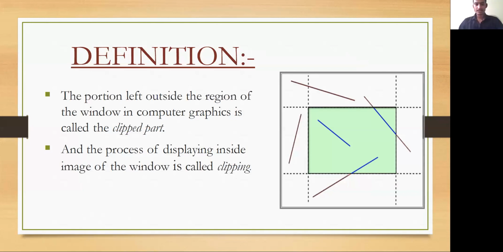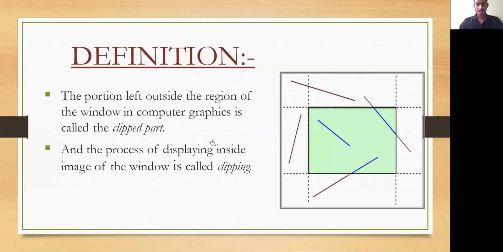Means if you have a line or a figure and it comes to the screen, the portion that lies inside the screen is kept, and the remaining part which is clipped out is known as the clipped part. The whole process of displaying the inside image in the window is known as clipping.